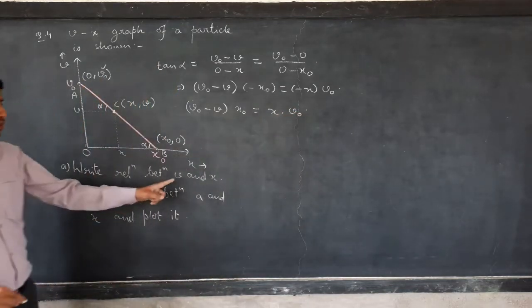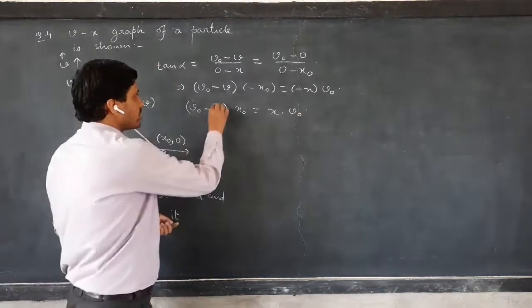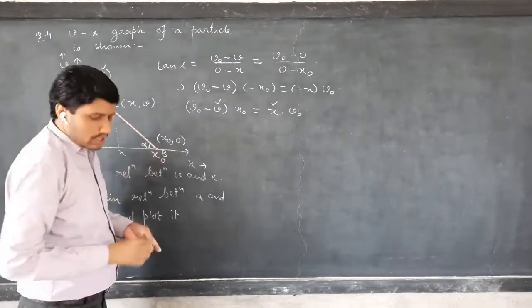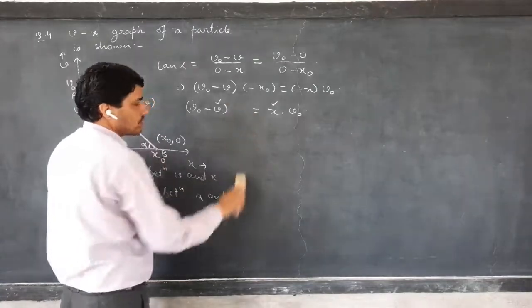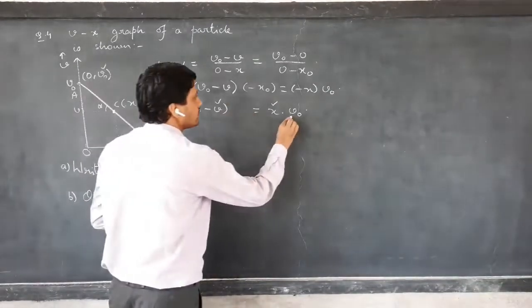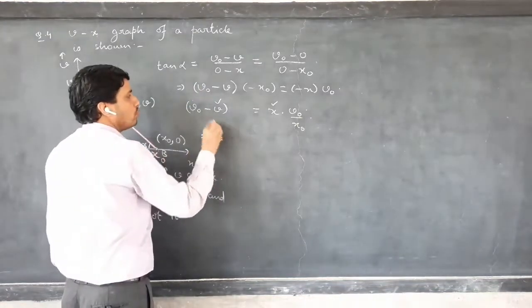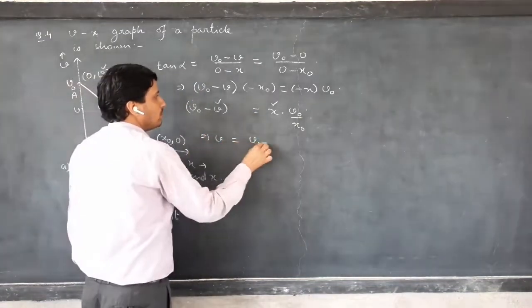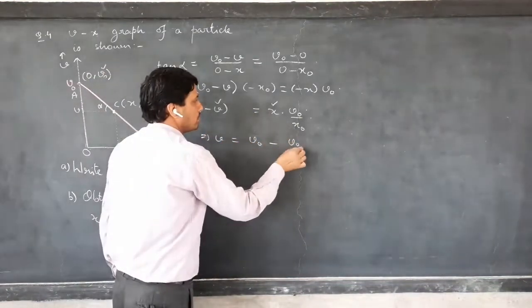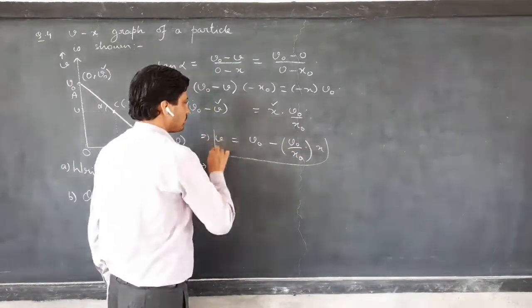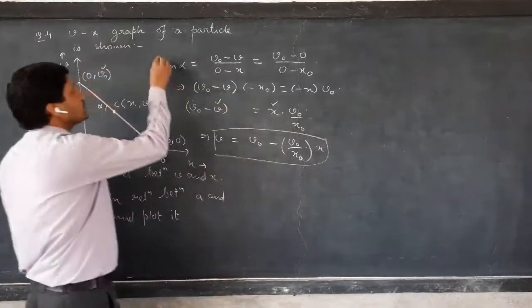We wanted a relation between v and x, and we have got a relation between v and x. If you wish, you can take x naught to that side and find v. So v will become equal to v naught minus v naught by x naught into x. This is the answer to part A.